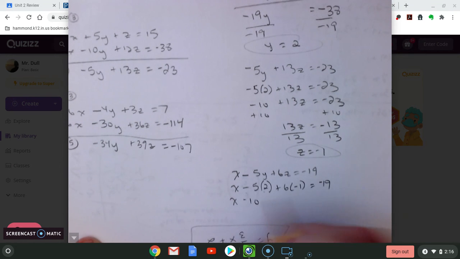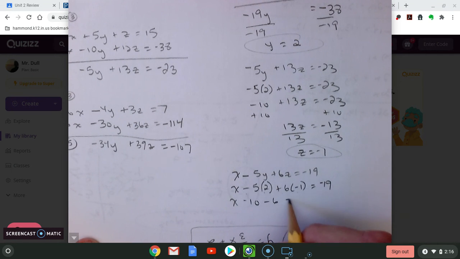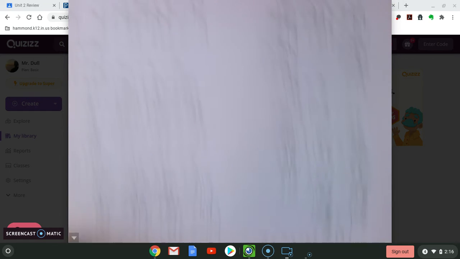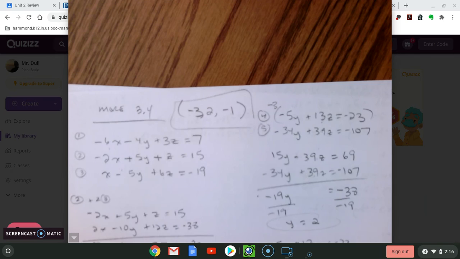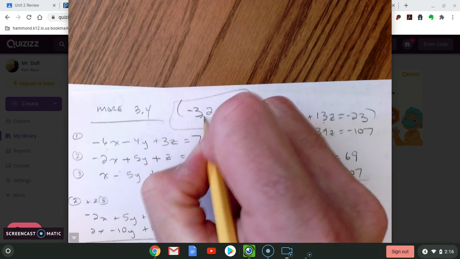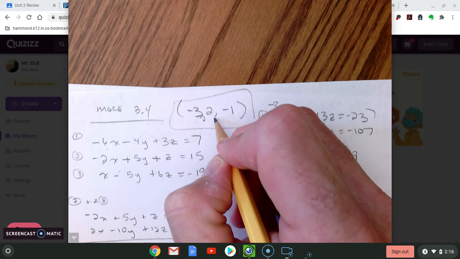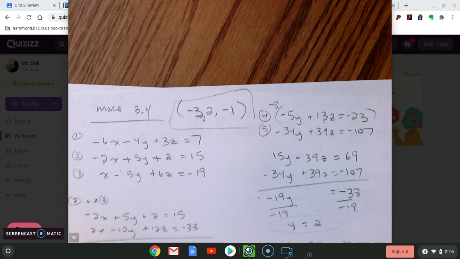Negative 5 times 2, negative 10, minus 6 equals negative 19. So negative 10 minus 6, that's negative 16. Negative 19, let's add 16 on both sides. And x equals negative 3. So we get negative 3, 2, negative 1 for our solution.